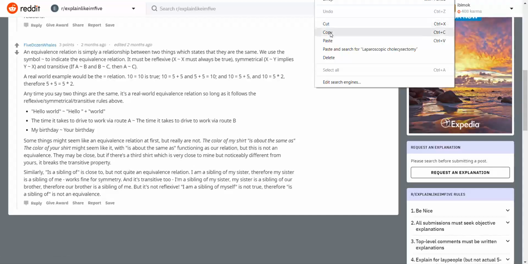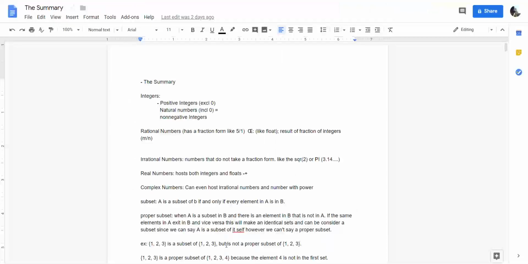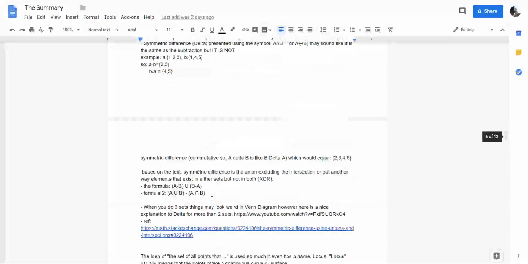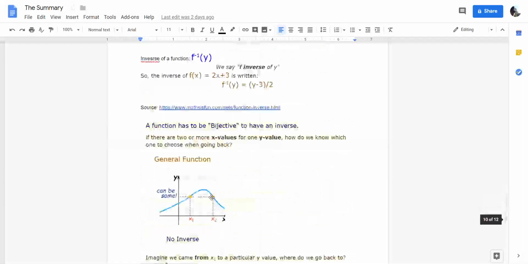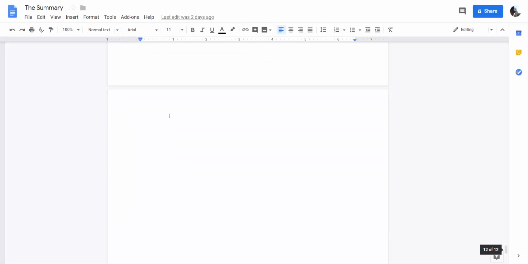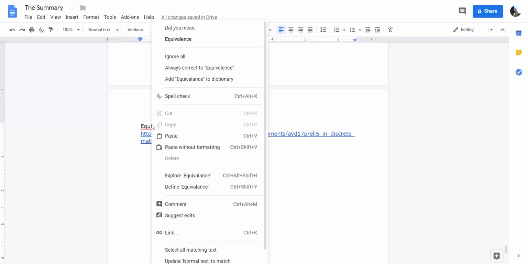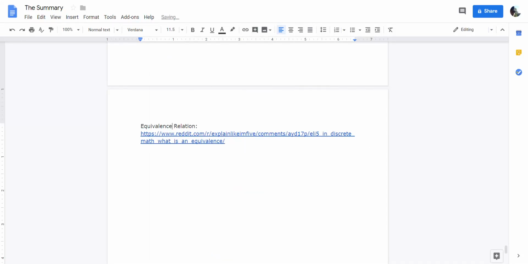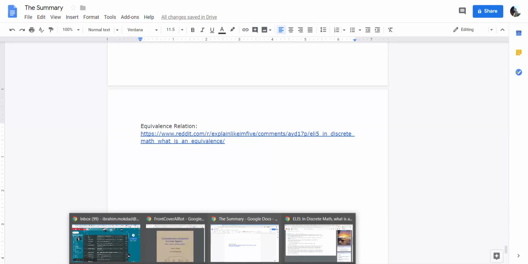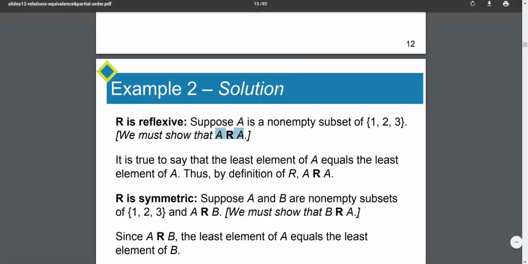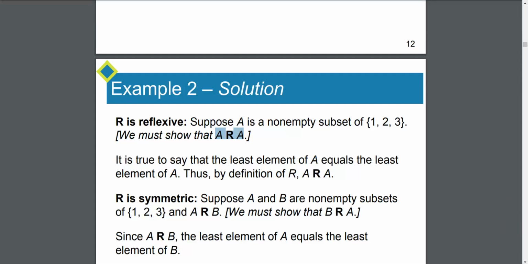So I think we should document this here. It's true to say that the equals the least element.